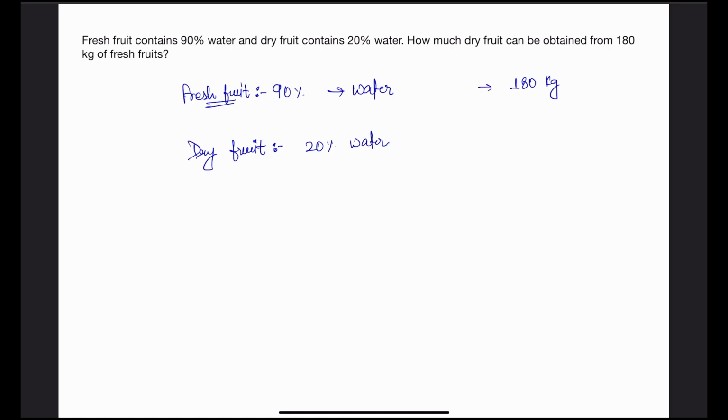See, water is not the issue. When we dry, the pulp will be there, but the water will change. So the pulp is what becomes the dry fruit. If 90% is water, then 10% is pulp, and in this case 80% is pulp.